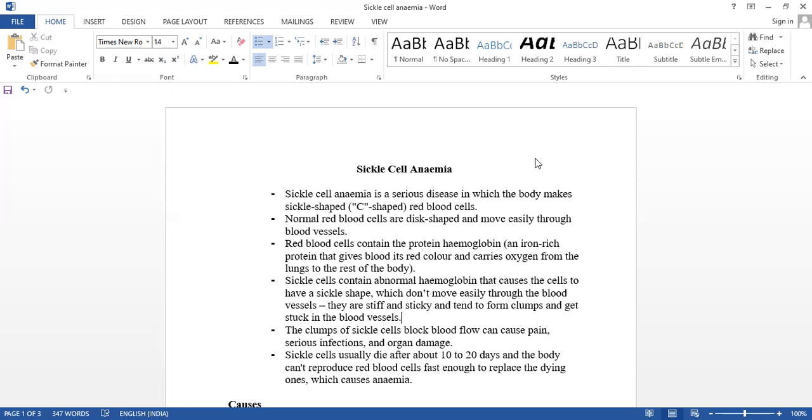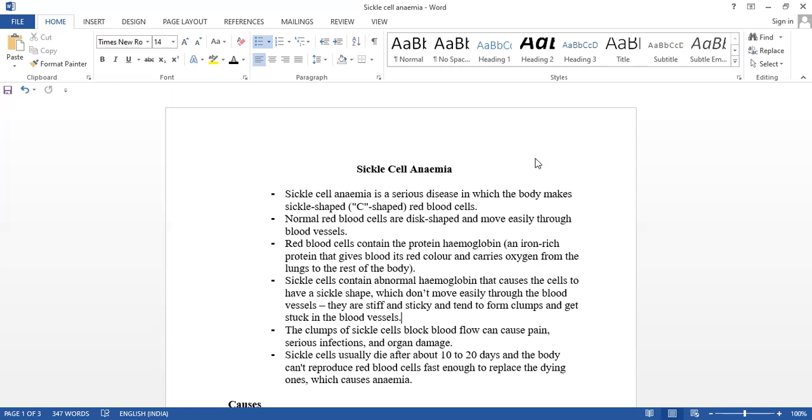Due to that abnormal formation of the hemoglobin, the RBCs become sickle, stiff, sticky, and tend to form clumps and get stuck in the blood vessels and obstruct the flow of the blood. Due to that obstruction, that causes pain and infection, isn't it? And sometimes there may be chances of damage to that organ.